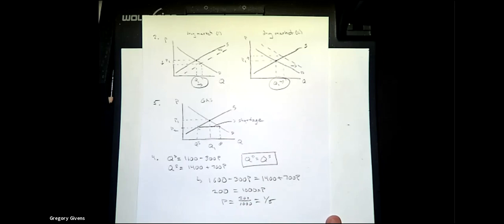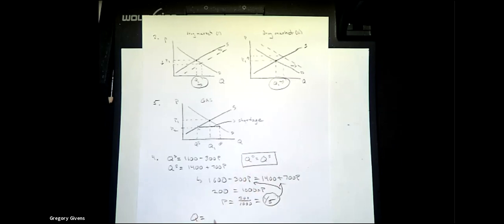Sean, how do we get the equilibrium quantity? Yeah, you can take your equilibrium price and stick it back into either quantity supplied or quantity demanded, because those two things have to be equal to each other, right?